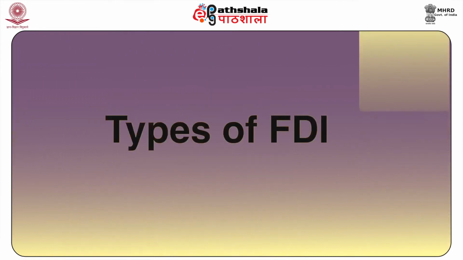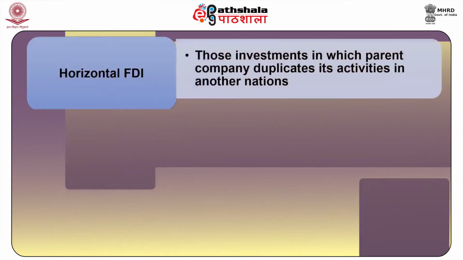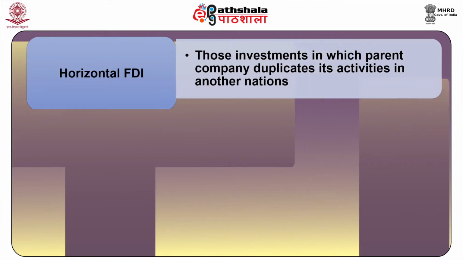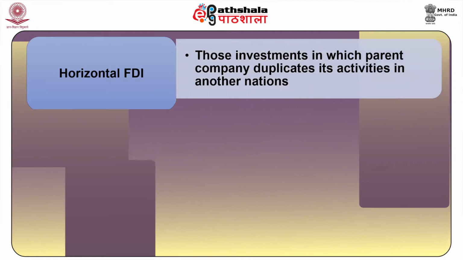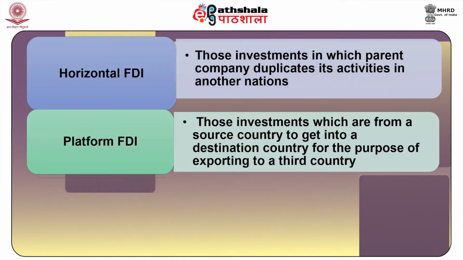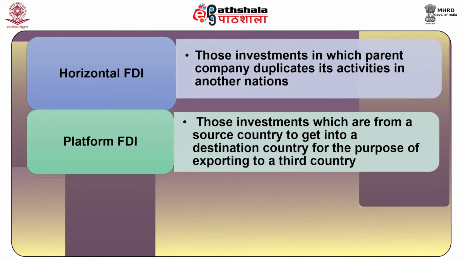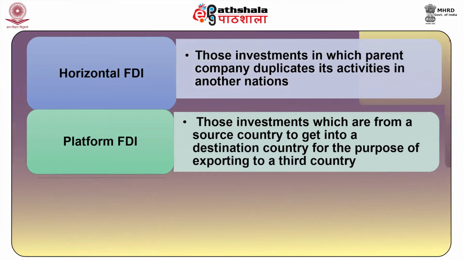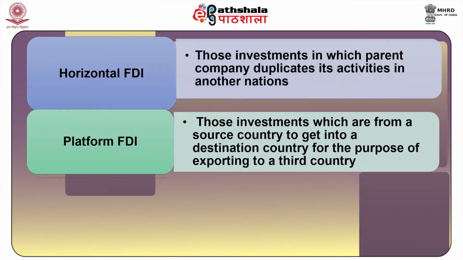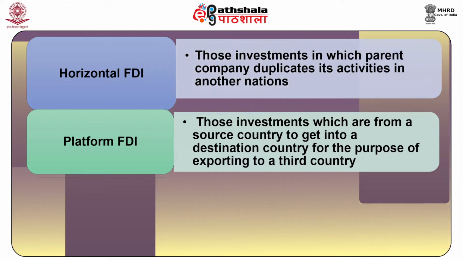FDI is further classified into three types. First is horizontal FDI. These are investments in which the parent company duplicates its activities in another nation. Second is platform FDI, which comprises investments from a source country into a destination country for the purpose of exporting to a third country.